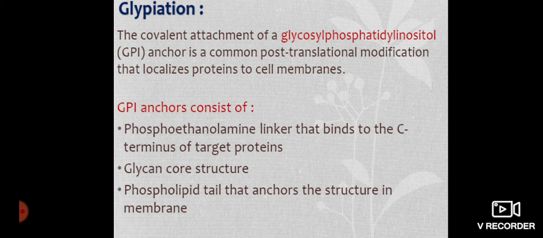So in GPI anchoring, it consists of a phosphatidylethanolamine linker that binds to the C terminus of the target protein. Here it also involves a glycan core and then a phospholipid tail that anchors the structure to the membrane.